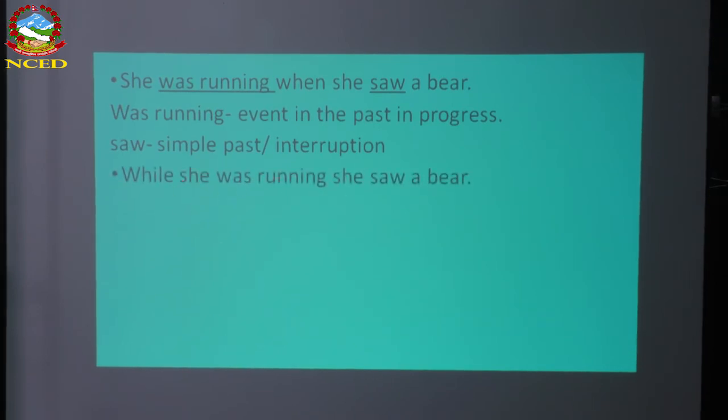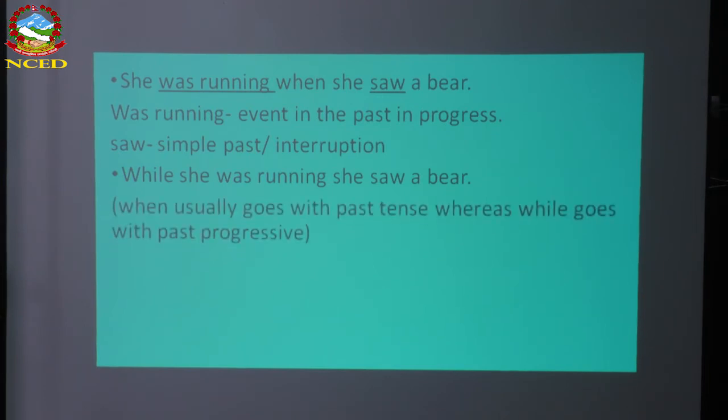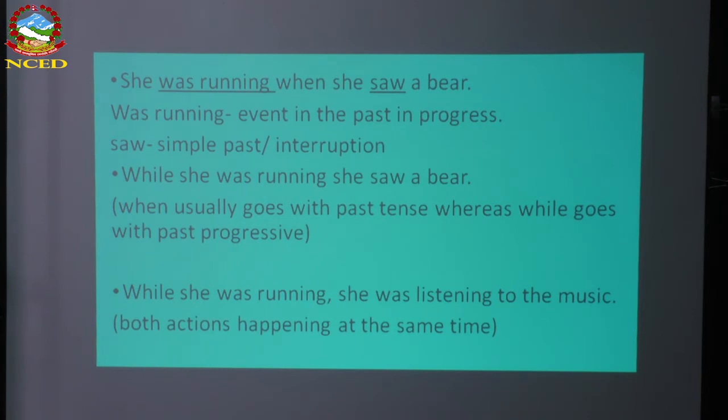We can also say the same sentence using while. While she was running, she saw a bear. So what we can say is when usually goes with past tense, whereas while goes with past progressive, past continuous. We can also say while she was running, she was listening to the music. As we have already discussed, both actions can happen at the same time and they have equal value.